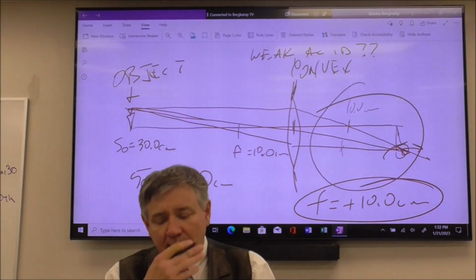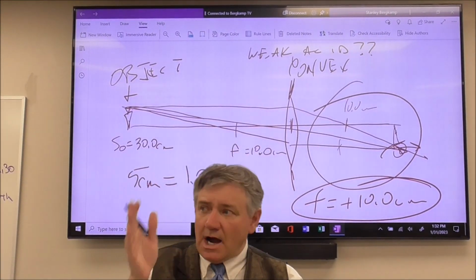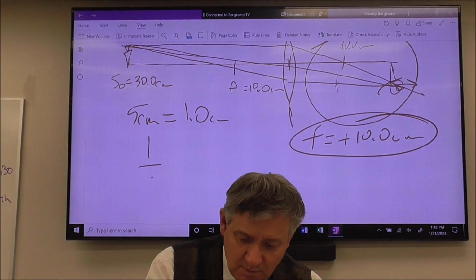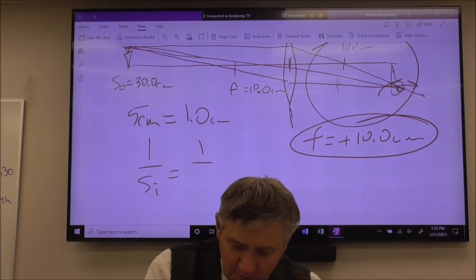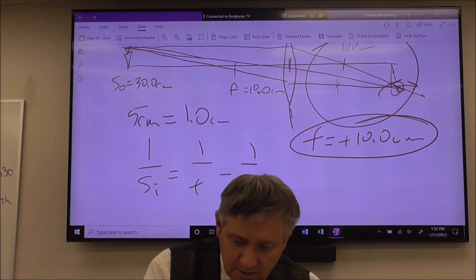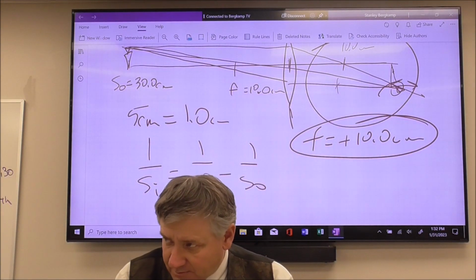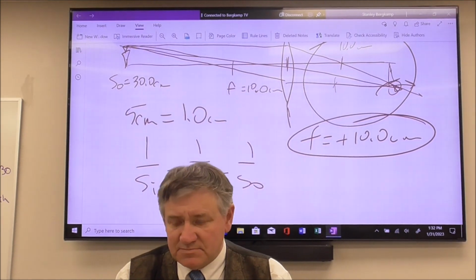Okay, so typically what you're going to solve for is the object distance. So, the image distance. So 1 over si is going to equal 1 over your focal length minus 1 over so, your object distance is always positive, okay? You don't have to think about that. Object distance is always positive.